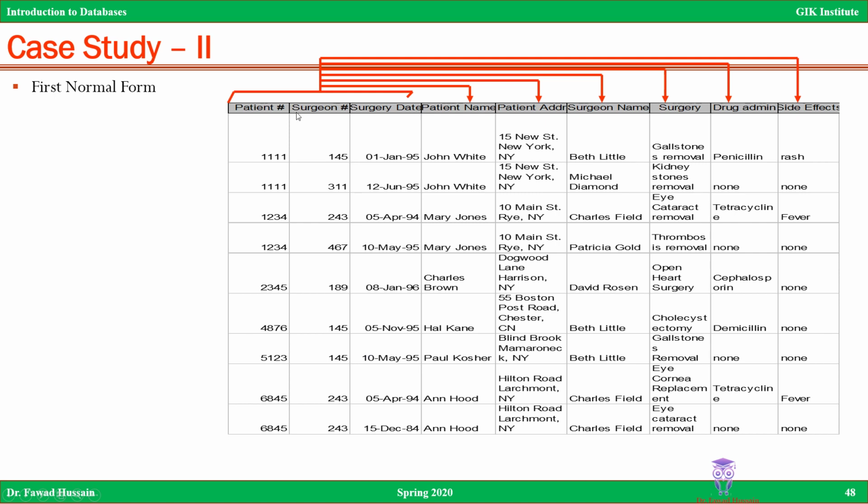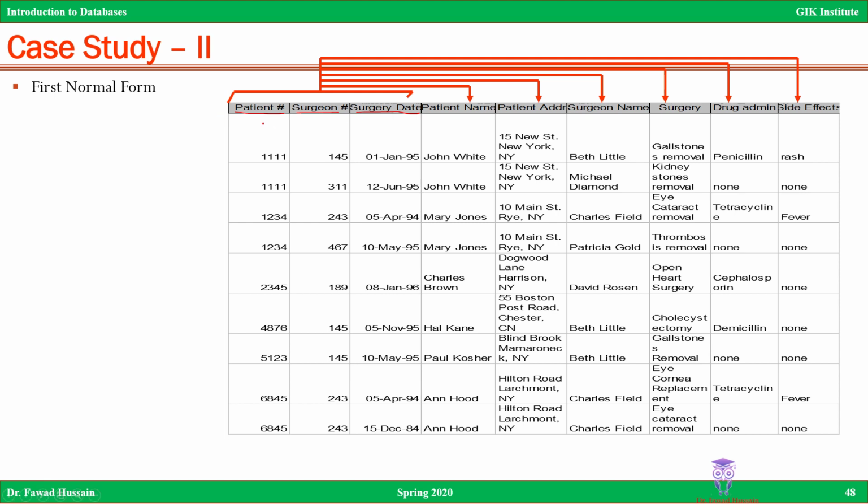So the combination of these three attributes, the patient number, the surgeon number and the surgery date, forms the composite key, and this is shown here as the composite key. And ideally I would like all my other attributes to depend on the entirety of this.